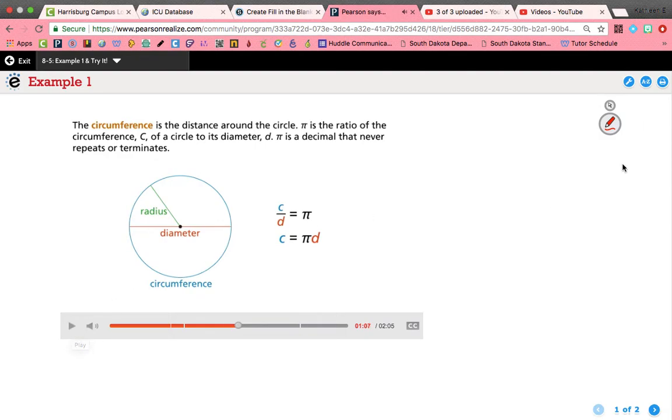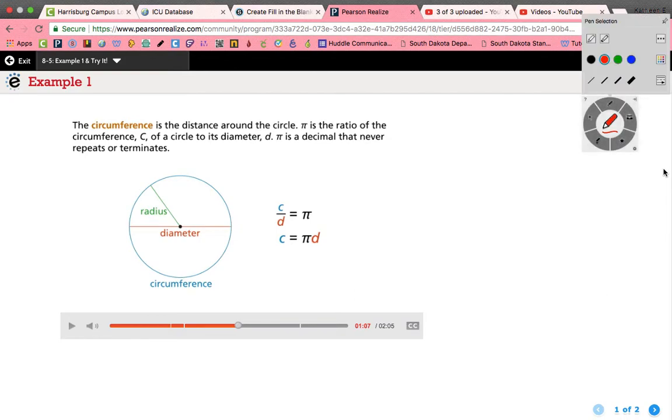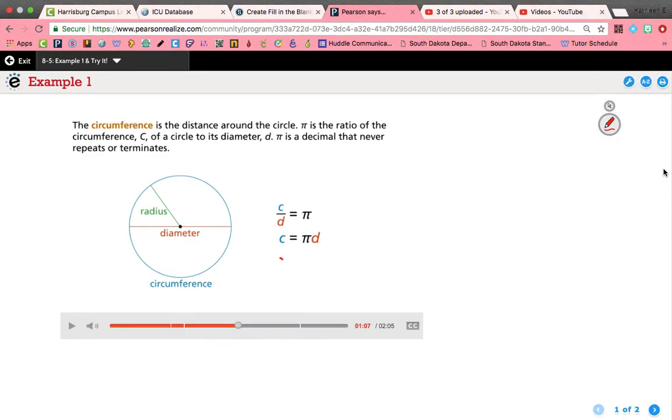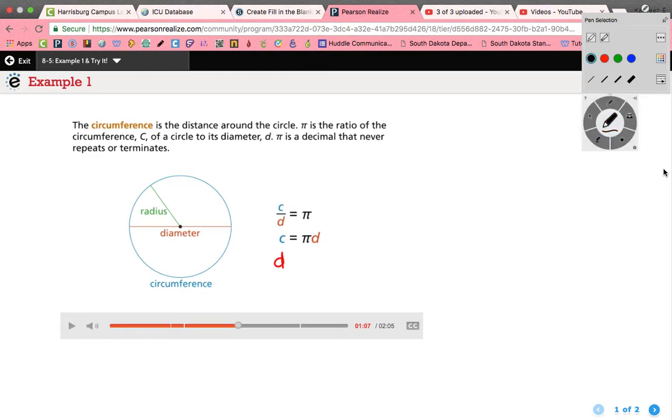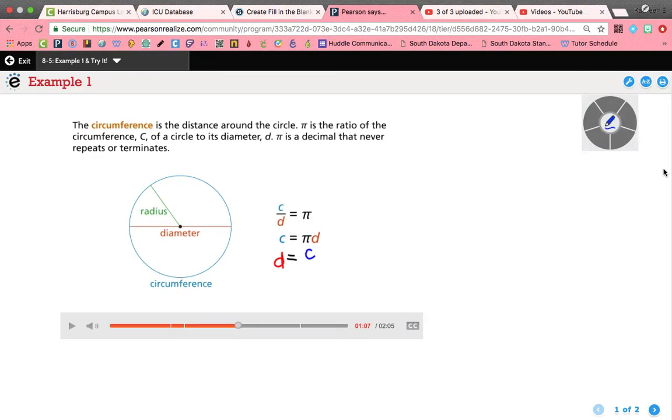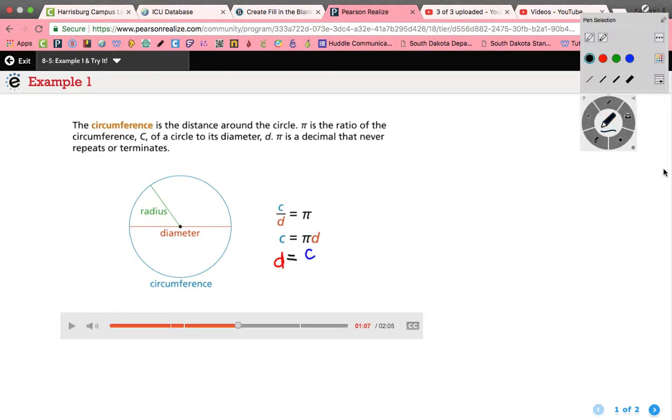We could also take it one step farther and find d. So we could go from that equation and say that diameter is equal to circumference divided by pi.